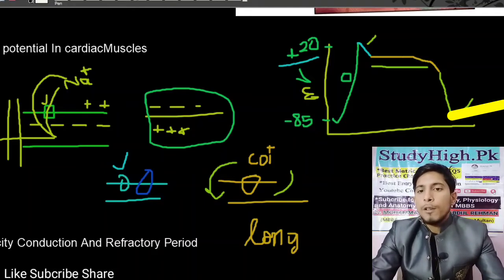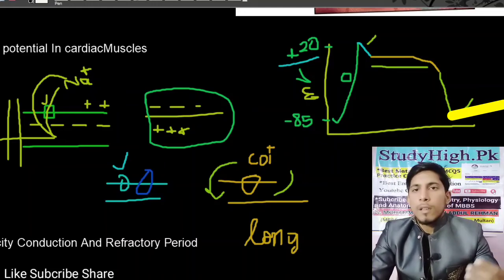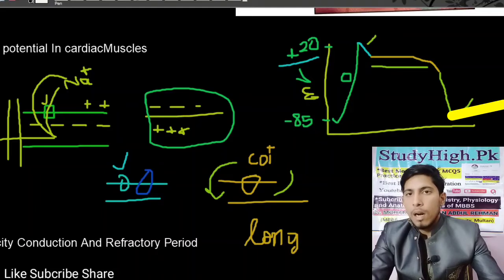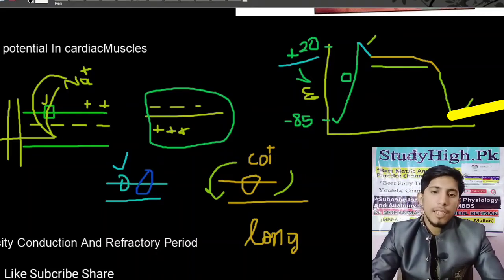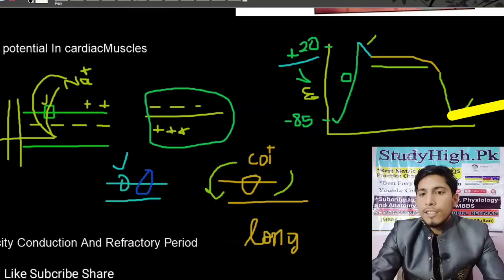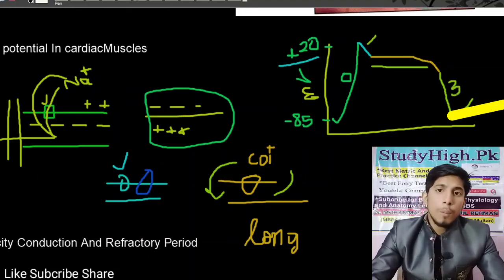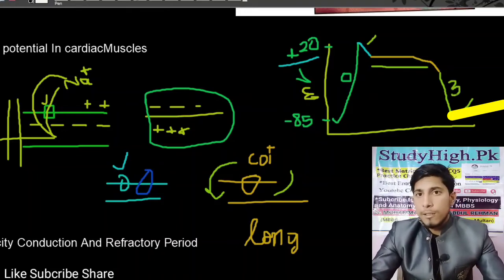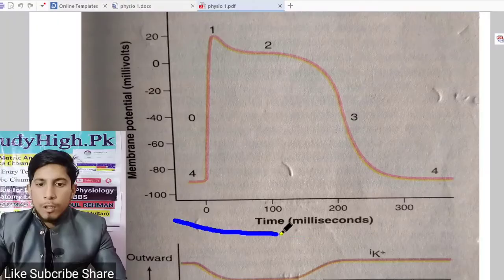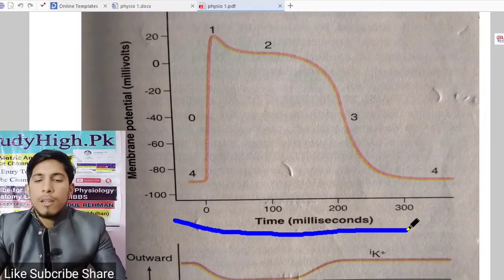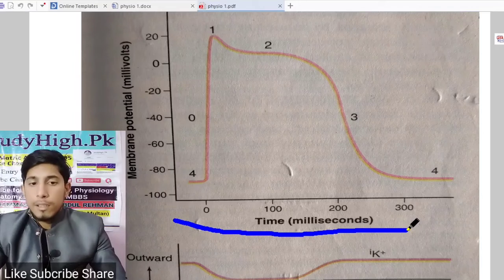Then phase 2 is the plateau phase, because of L-type calcium channels in the cell membrane of cardiac muscles. And phase 3 is because of the opening of slow potassium channels, which are involved in repolarization of the cardiac muscle cell.